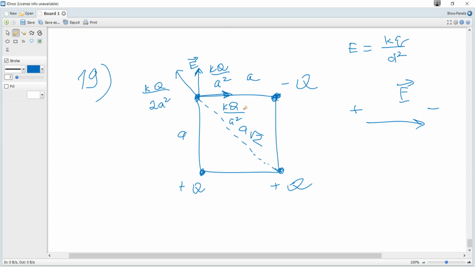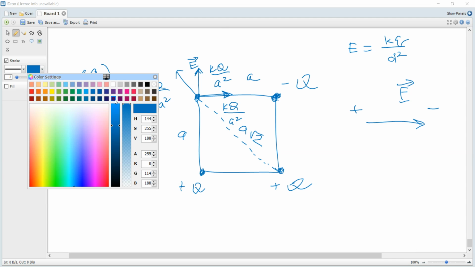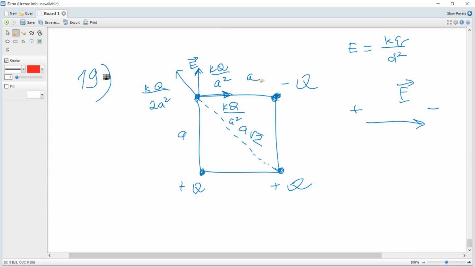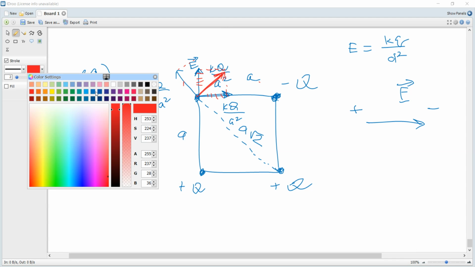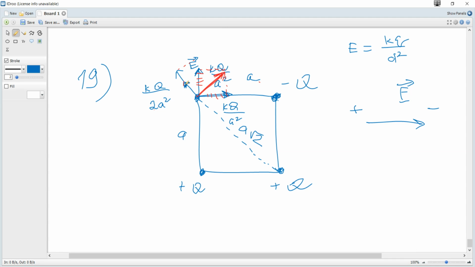And we need direction, so the resultant vector of these two, using just the parallelogram rule, is this one. So instead of these two vectors, we can consider just one, and notice that it's over 2a, so it should be 2 times shorter, like this.